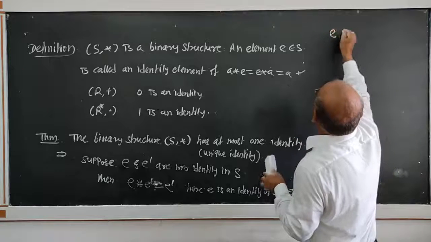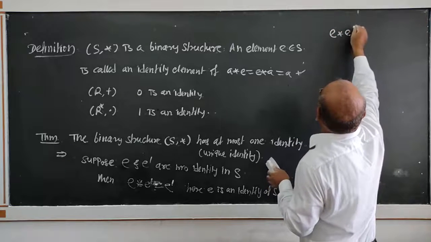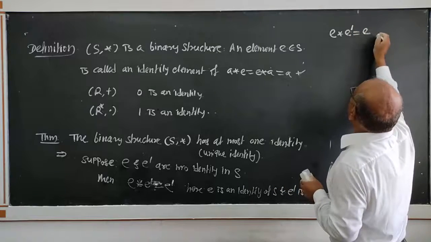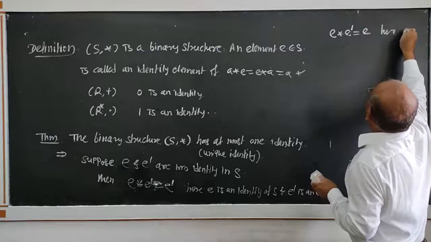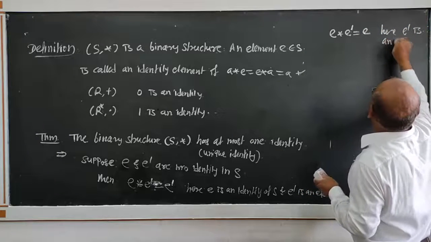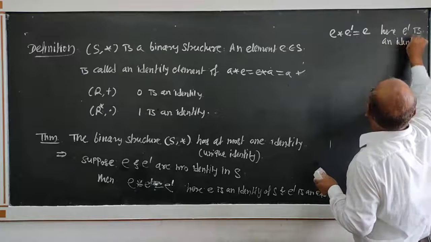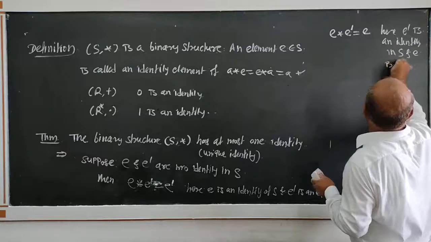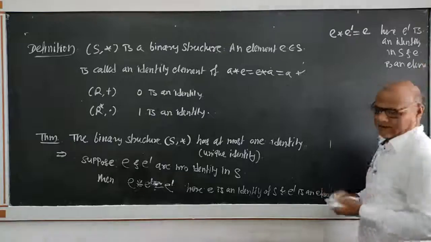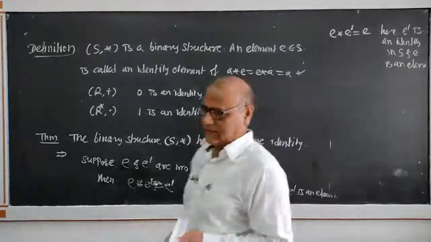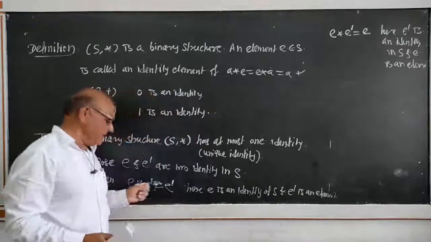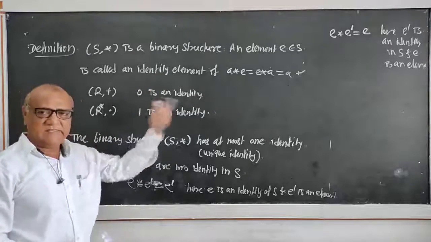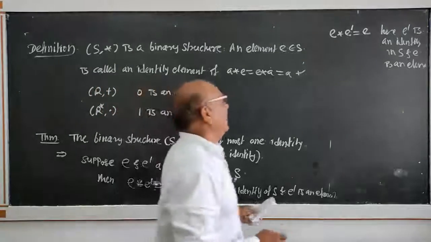Again, e star e dash is equal to e. Here e dash is an identity in S and e is an element. In the first case, take e is an identity, e dash is an element. In the second case, take e dash is an identity, e is an element.